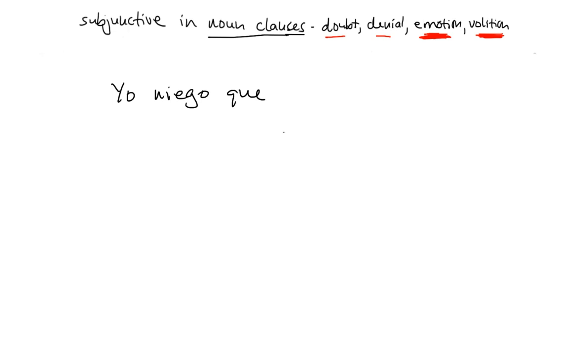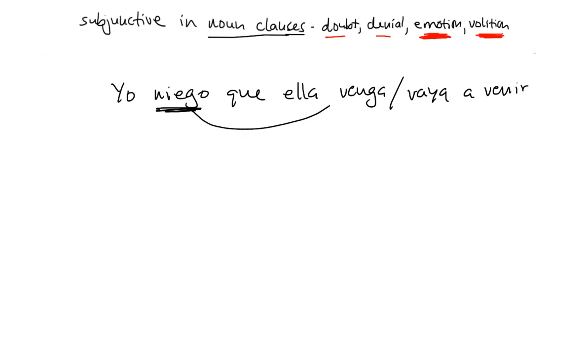We only have the present, so you can simply render this with the present subjunctive. Yo niego que ella venga. Or if you wanted to make that a little bit more future, you could put vaya a venir. That's our ir plus a plus the infinitive in the subjunctive. Now this is subjunctive because niego expresses what? Denial. Therefore, venga is going to be in the subjunctive, okay, or vaya.